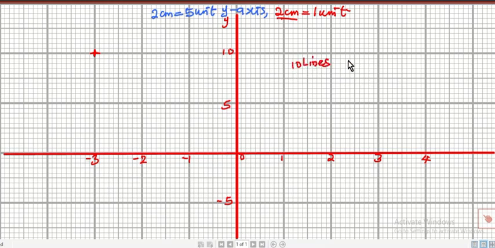But before that, let me show you something. If I have 10 lines is 5 on the vertical axis, one line is going to be 5 divided by 10, which is 0.5. So each of these small lines are all half lines. Each line on the vertical axis is representing 0.5, which is half.